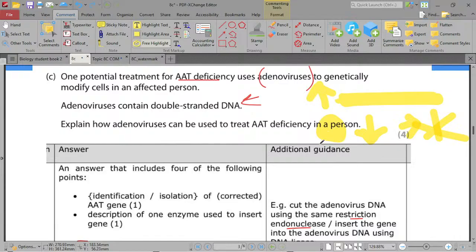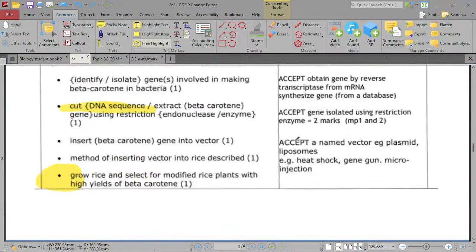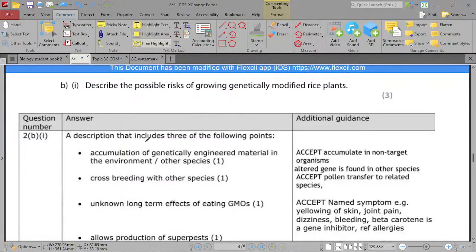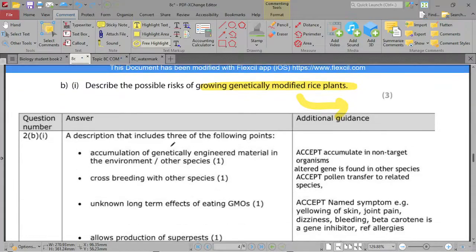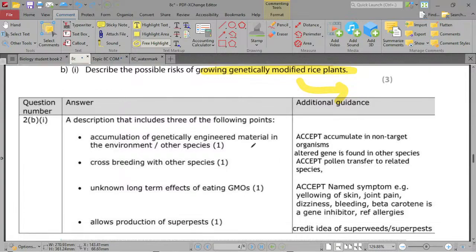And also the other one, which was long-term side effects of the genetic engineering are unknown. In terms of genetically modified rice plants, the long-term effects of consuming it are unknown. I mean, that's not true though, but okay. Accumulation of genetically engineered material, crossbreeding with other species, pollen transfer, altered gene is found in other species.